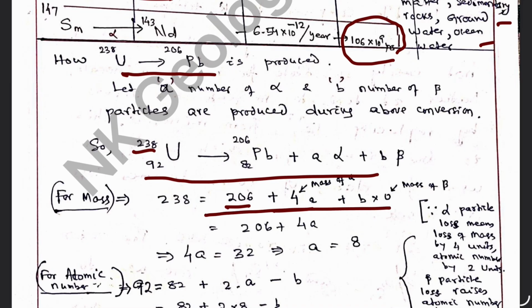That gives the mass equation. If we solve it, we find the number of alpha particles produced is 8. So 8 alpha particles have been produced through decay of uranium-238 to Pb-206.